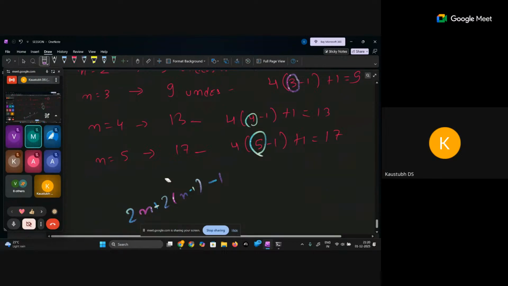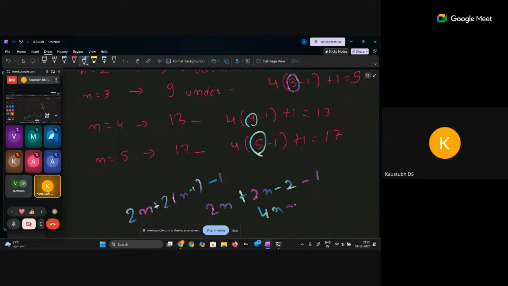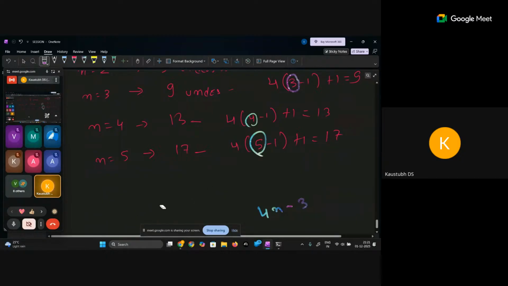Yes, sir. So this is 2n plus 2n minus 2 minus 1. So it is 4n minus 3. 4n minus 3, huh? Let's see if that works. For n equals 2, we'll get 8 minus 3, which is 5.